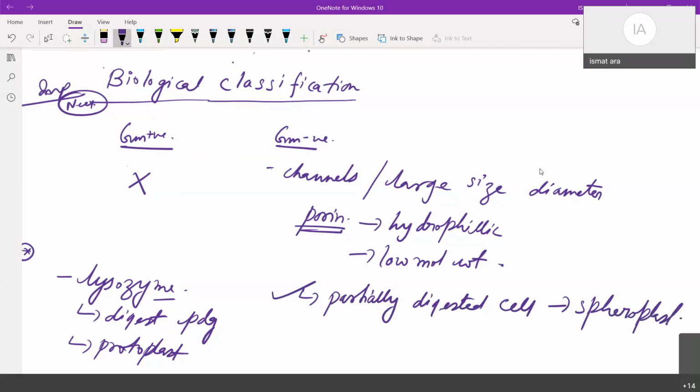You obtain spheroplast in the case of gram-negative bacteria, and protoplast in the case of gram-positive bacteria. So this is the difference between gram-positive and gram-negative bacteria, and we have also seen the cell wall composition.